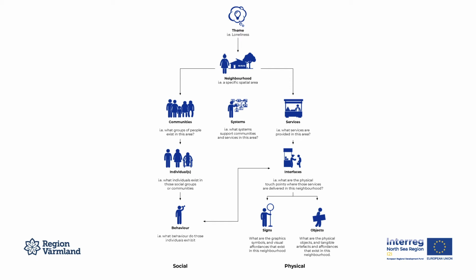To be clear, there's no right or wrong answer in general when conducting these sorts of observation exercises, but particularly from what I can understand in relation to this project, it's not to say that one approach is better than the other. It's not to say one approach is right and the other's wrong. I think it's just about having an awareness of what it is we're actually interested in looking for, or who it is that we're trying to see when we go out and we conduct these neighbourhood analyses.